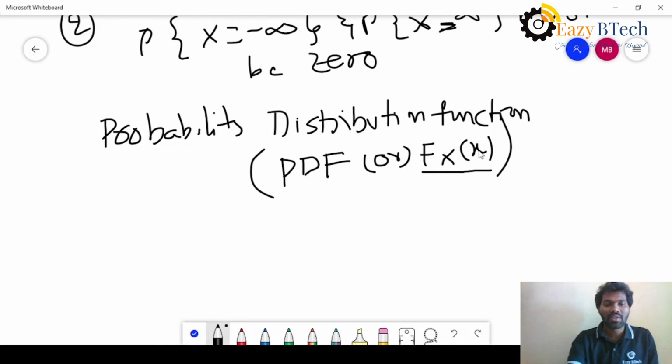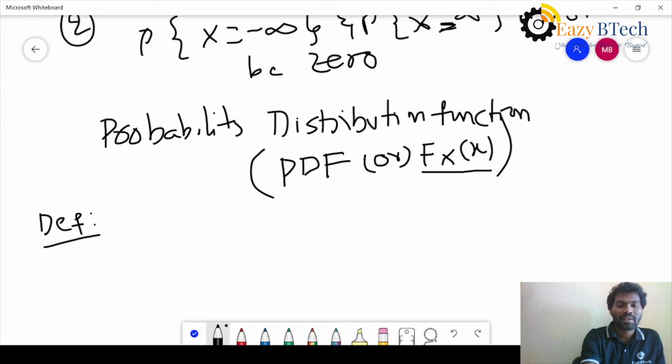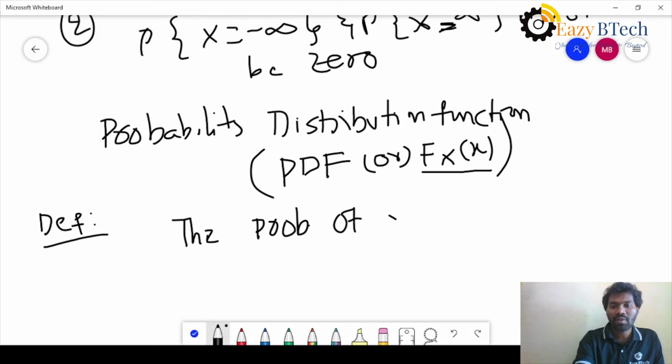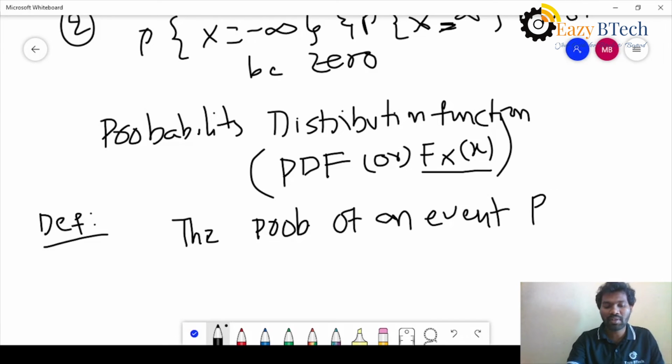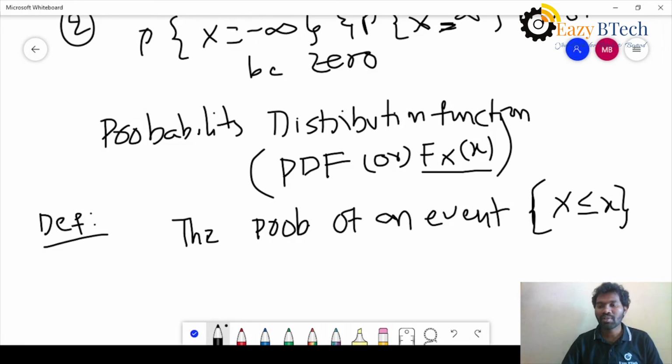The definition of probability distribution is like this: the probability of an event. For every event there should be one probability. The event is X less than or equal to x.